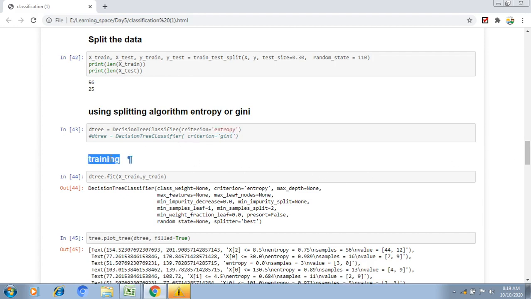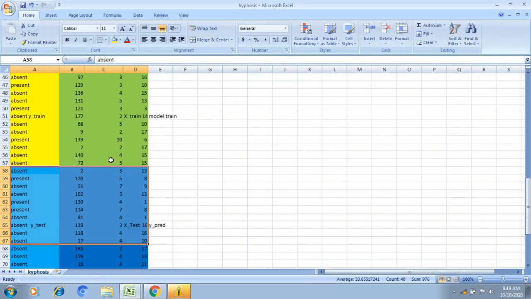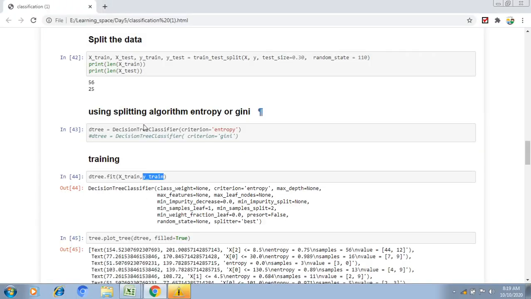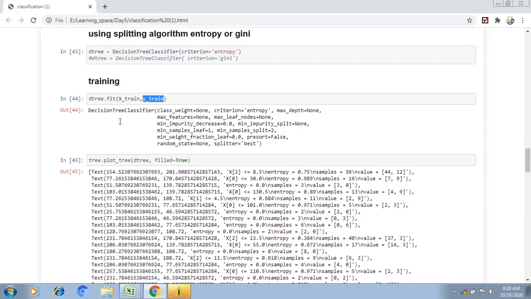Now I'm training on my data set. D tree is my object, fit is my method. I'm passing the x train and y train to train the model. Once we pass these to this method, training is over.